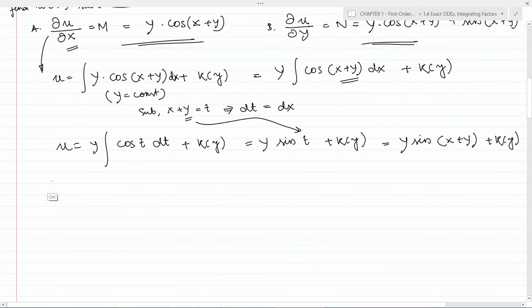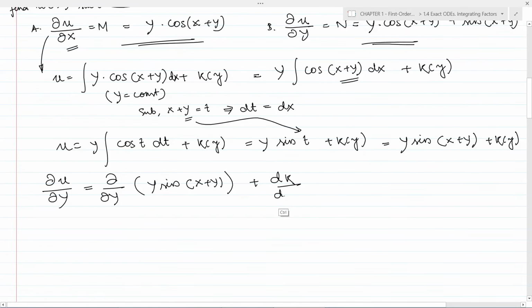Now, as we have done in the previous problems, we will partially differentiate u with respect to y, and we get del by del y of y sin(x+y) plus the second term dk by dy. So, now for this x is a constant and we have to use the product rule of differentiation.